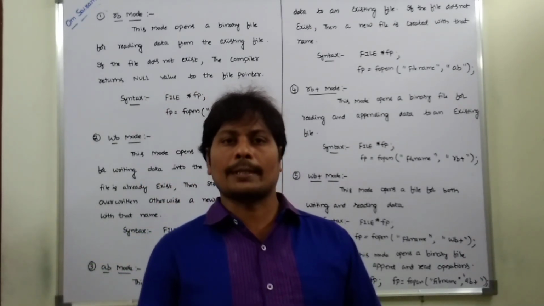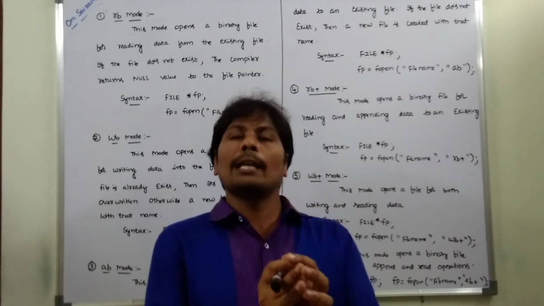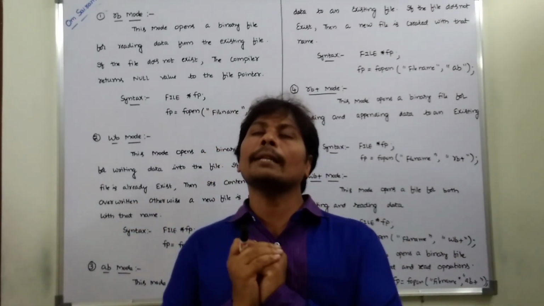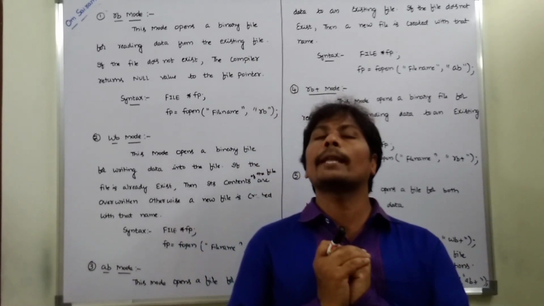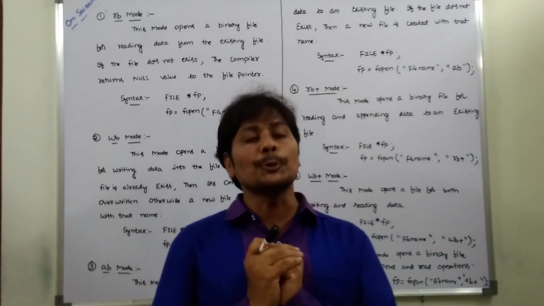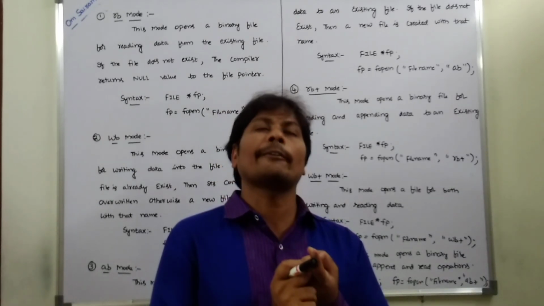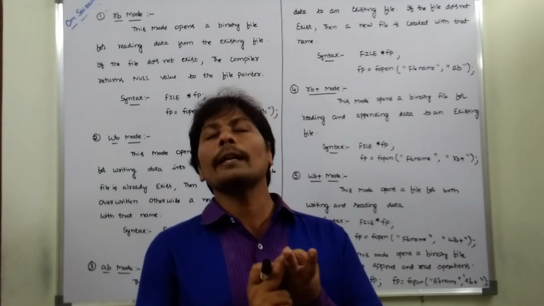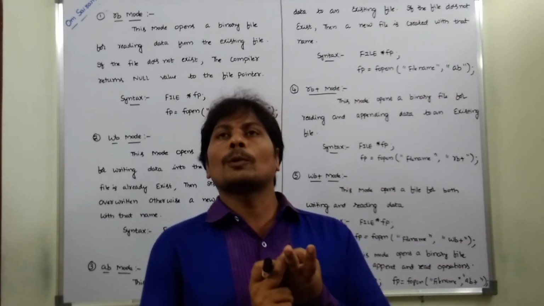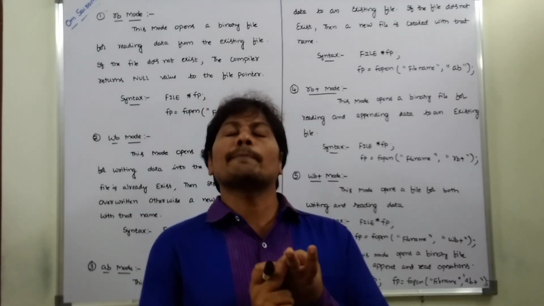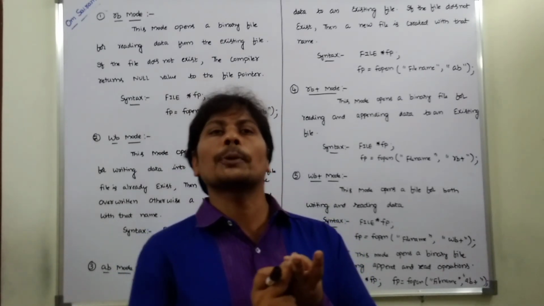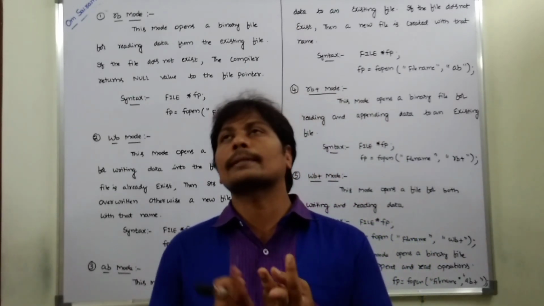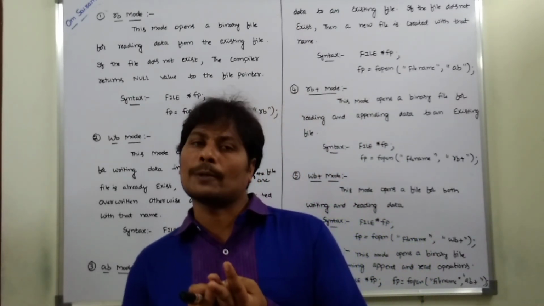So this is the information about binary file modes. Text file modes and binary file modes: the information is stored in files in two ways, either as a text file or as a binary file. So there are two sets of modes based on the information stored in the files. First one is text file modes, second one is binary file modes.